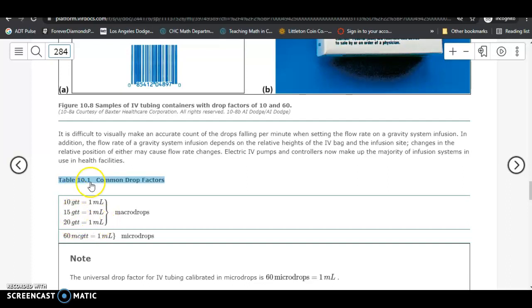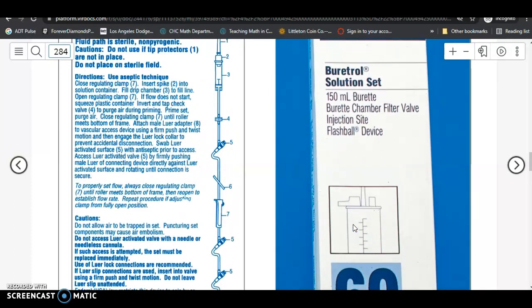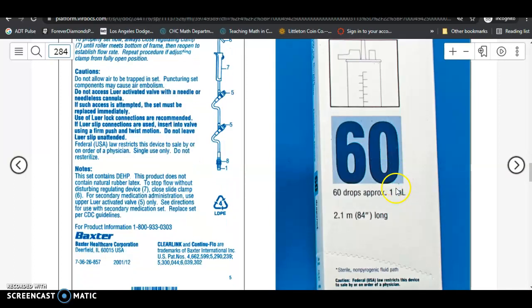So again, how do you know which one to use? It'll either say in the problem, or you'll see a picture of an IV tube label, and on the label it'll tell you how many drops are in 1 milliliter. For example, in this label here, it says that 60 drops is approximately 1 milliliter.